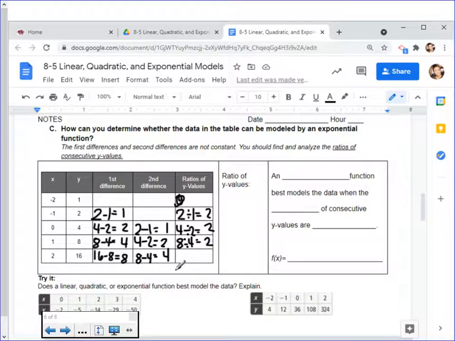And 16 divided by 8. So if you know it's not linear, you know it's not quadratic, then you try to do the ratio. If you get the same thing every time, then you know you have an exponential function. So the way you do the ratio, you divide consecutive y values.